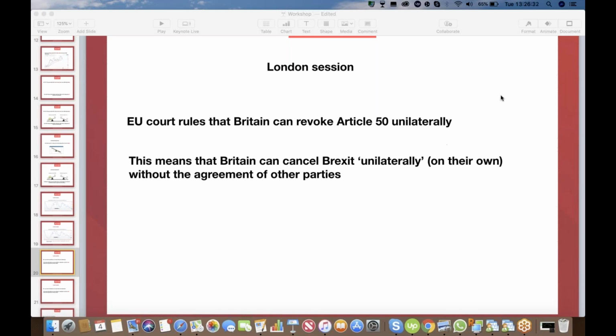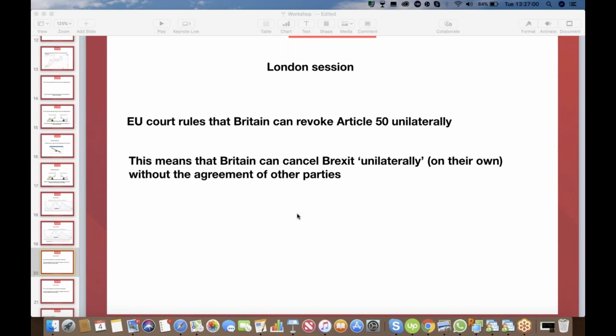Well, the answer is no, it doesn't really change anything. It's nice to know. It means that if Britain suddenly decided that they did not want to leave Europe, it's a relatively straightforward process. So that is what the market is reacting to, that hint of some kind of hope of a deal, of everything being washed away, and it's like Brexit didn't happen. But fundamentally, that is not going to change really what's going on in Britain.